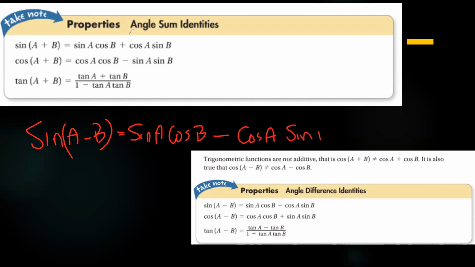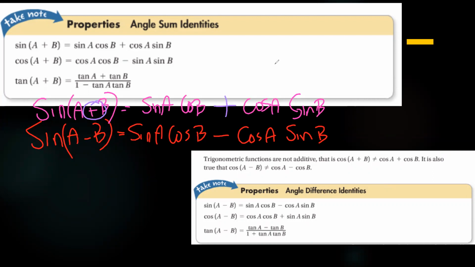Now let's talk about sine of A plus B. They are the same, sine of A cosine of B, and cosine of A sine of B. But since here we are talking about plus, we have to write a plus sign.